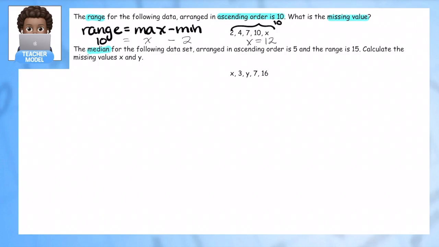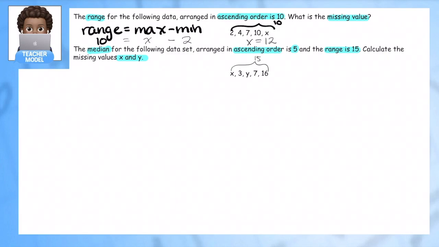The median for the following data set, arranged in ascending order, is 5. So we know our middle number is 5. The range is 15. Calculate x and y. Let's think about what we already know. We know the range is 15. So again, from here to here, it is 15.